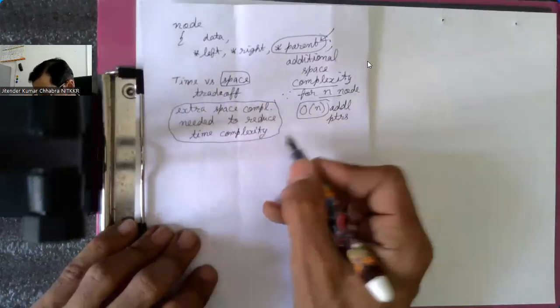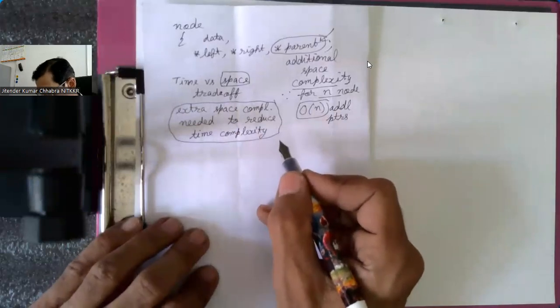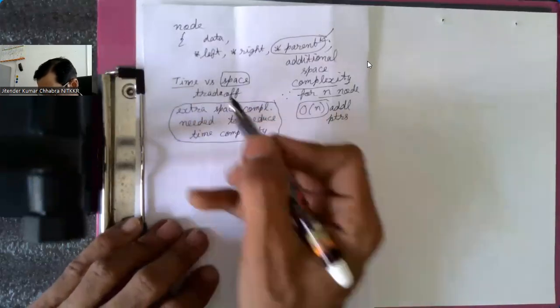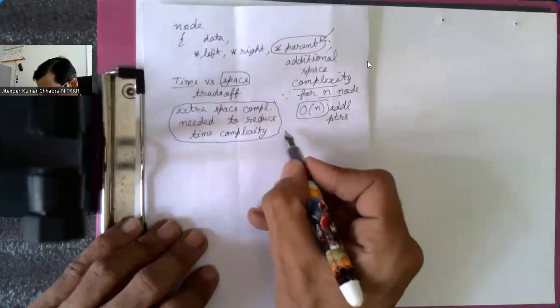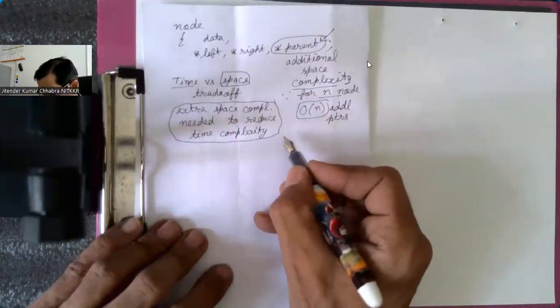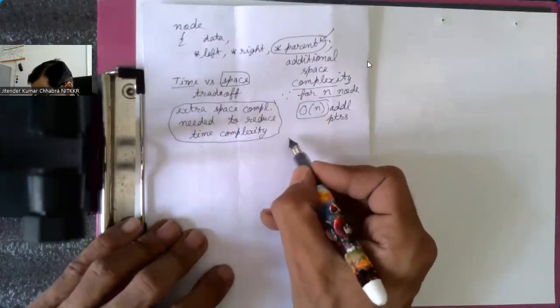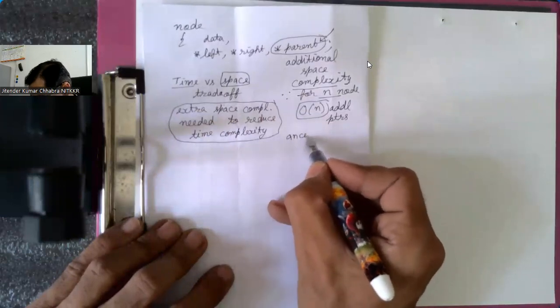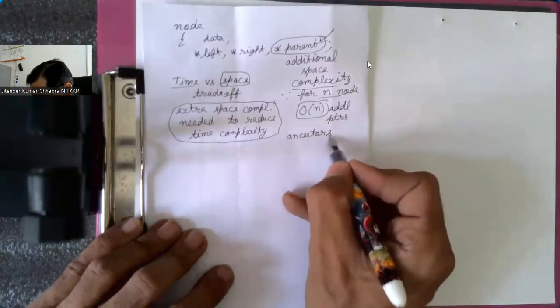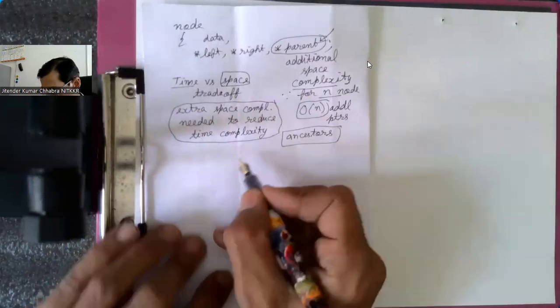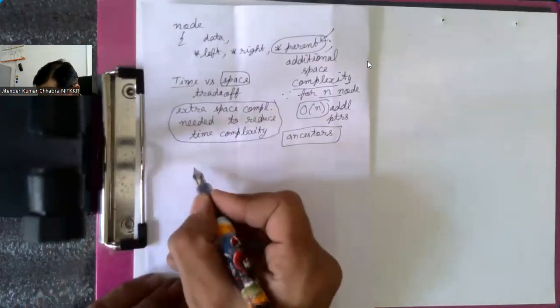If you try to reduce space, your time requirements will increase. If you try to improve your time, your space requirements increase. For example, in this situation, for ancestors, this was a problem. Others we could easily do without that requirement. Finding ancestors, though, is easy once it is ready.